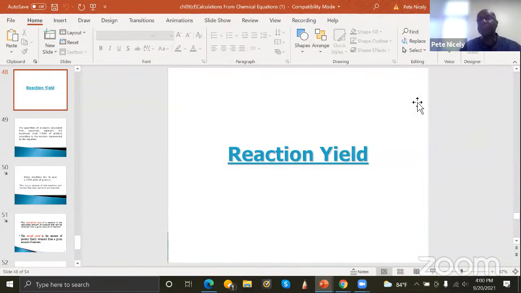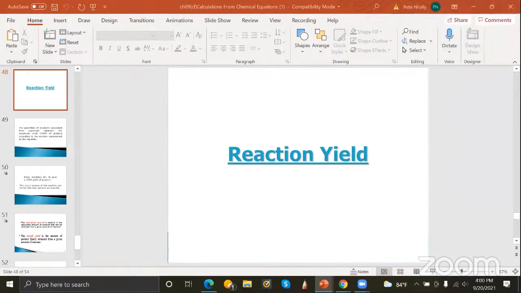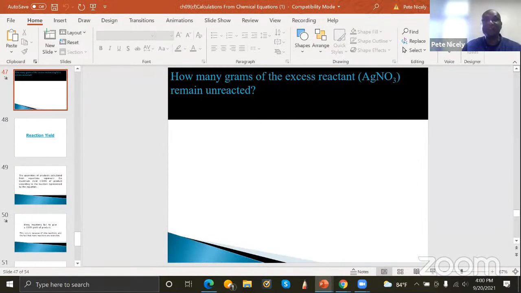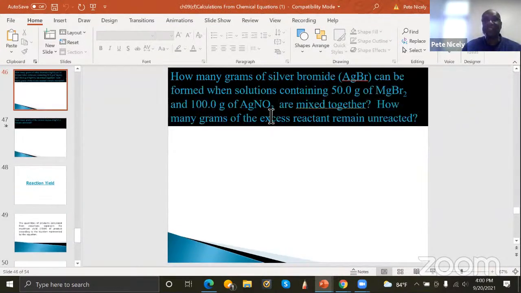Okay, so let's commence with today's class, and we're going to finish up on chapter 9 today by looking at this concept of reaction yield. If you recall, we talked about stoichiometry and we did a couple of problems where we determined a couple of things about a particular reaction.